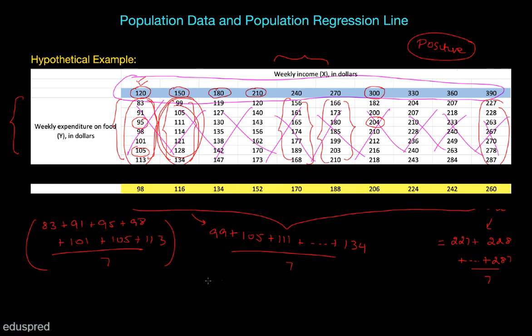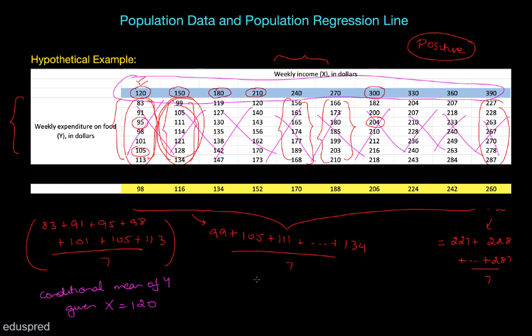Now let's understand some notations. Basically this 98 that you see over here, in formal terms, this is actually called the conditional mean of y, which is the dependent variable, given x is equal to 120. So this 98 is the mean of the y variable given that the weekly income is 120.